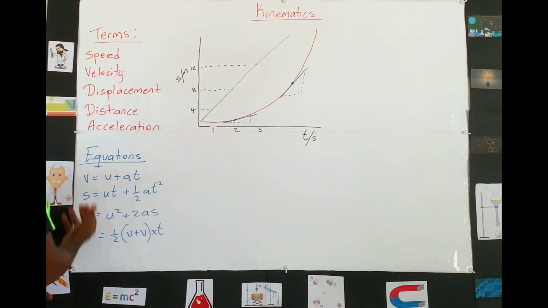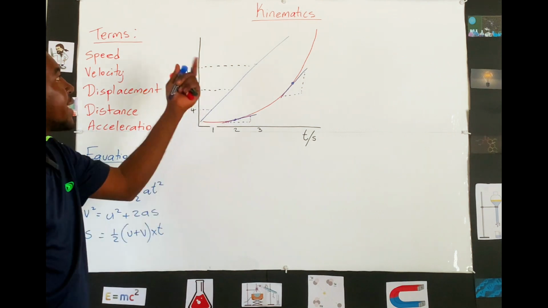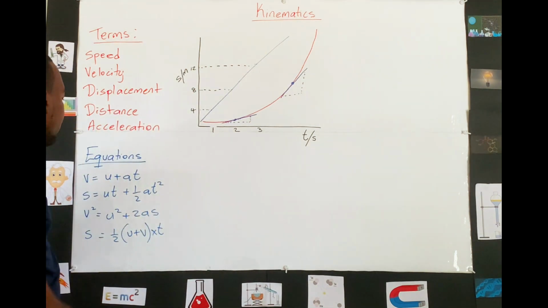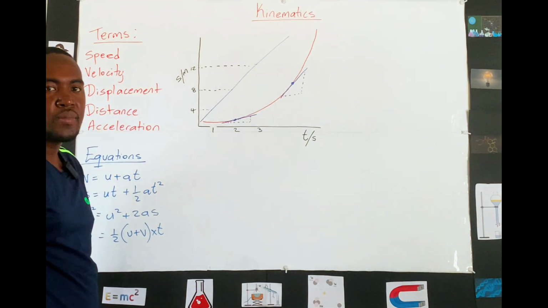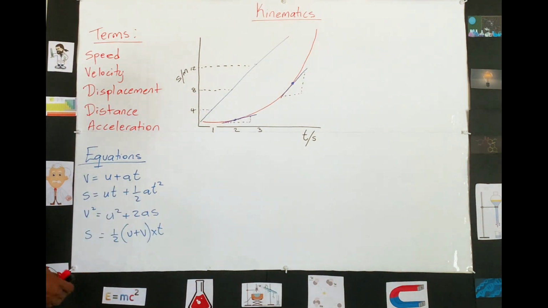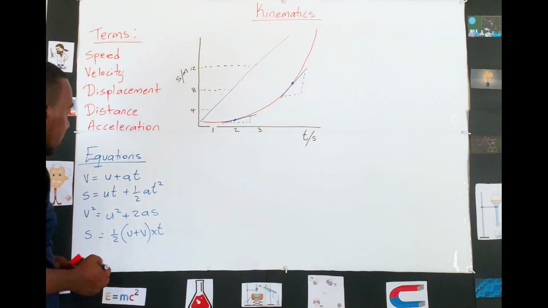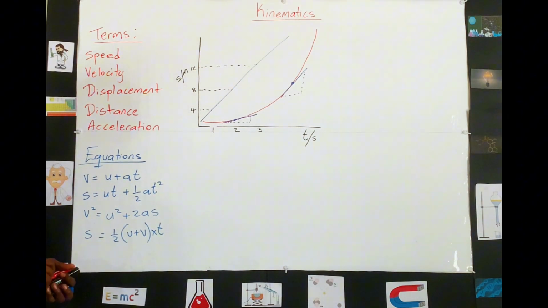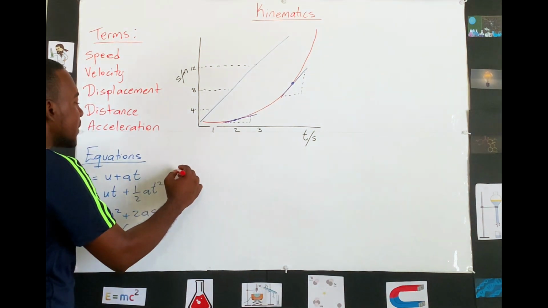Now, these equations are used to help us understand kinematics way better, right? So these equations represent objects that are changing speed, meaning they are accelerating, right? Now, the first thing to note is, what do these symbols mean?